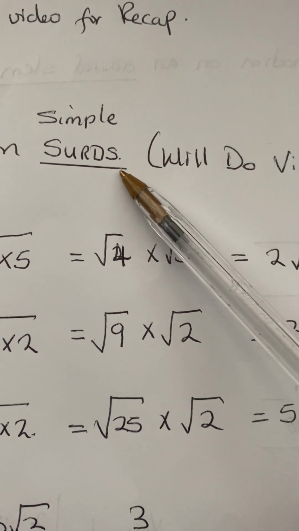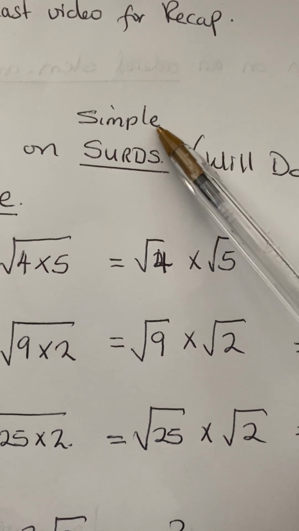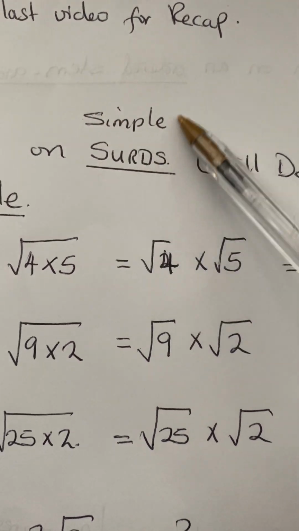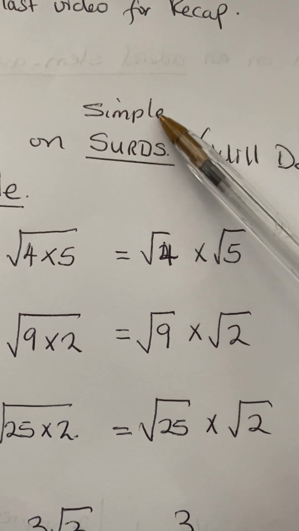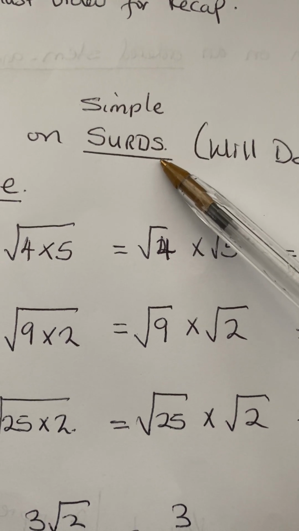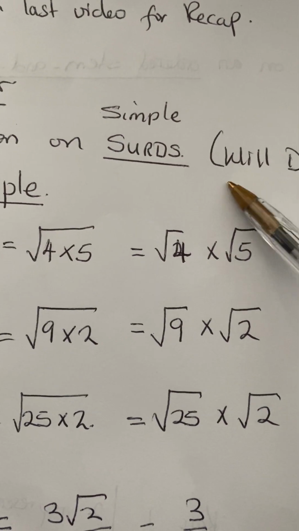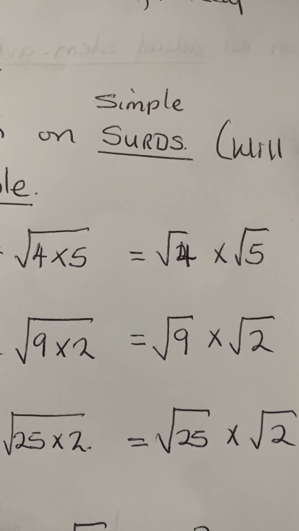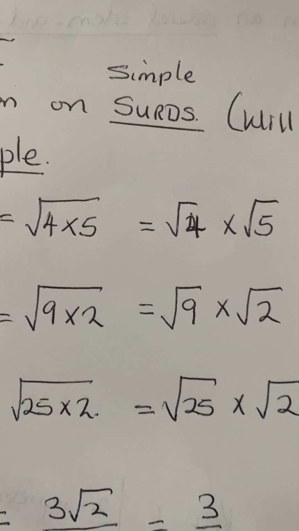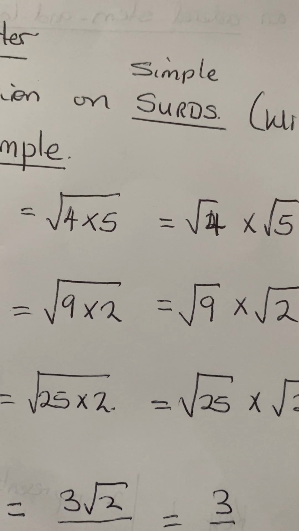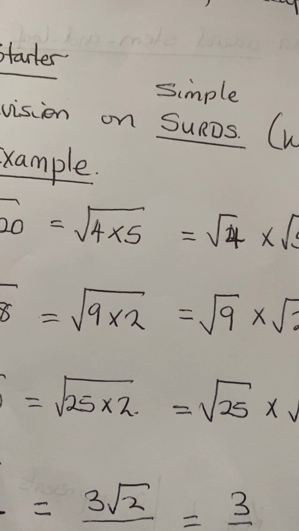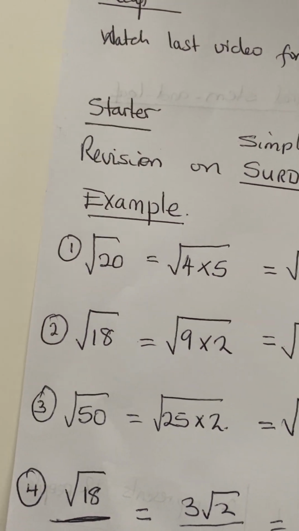surds. I'll do them properly, but I want to introduce you to some simple surds in case we have to apply them to solve some of the questions, before I do some more topics.